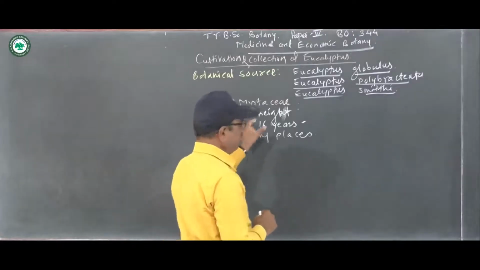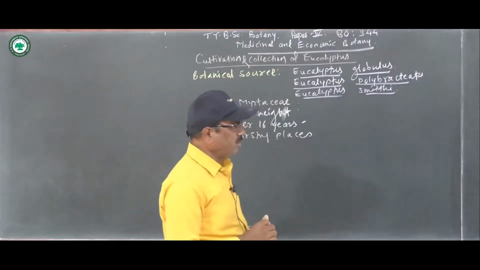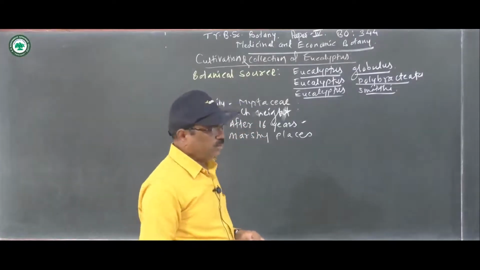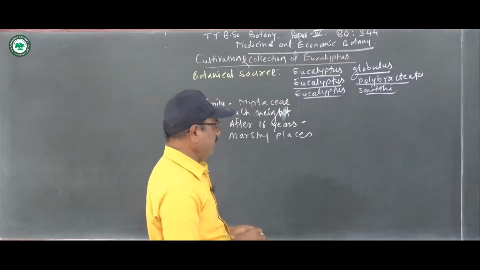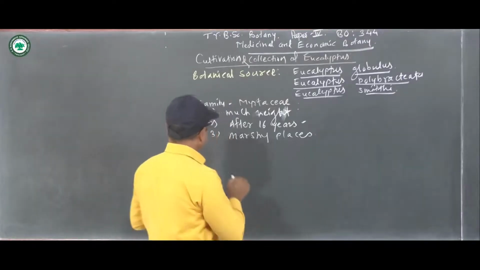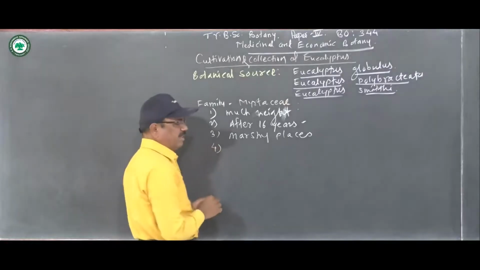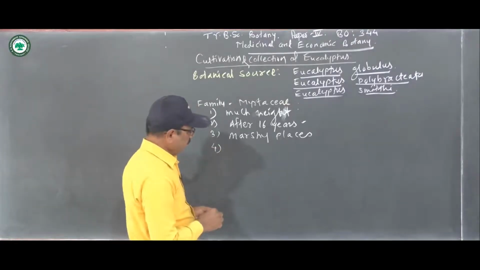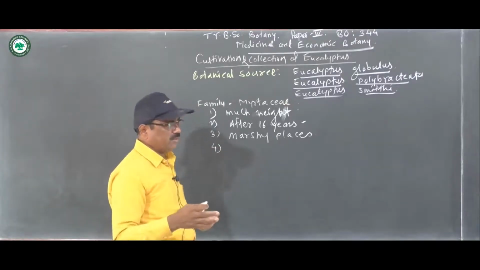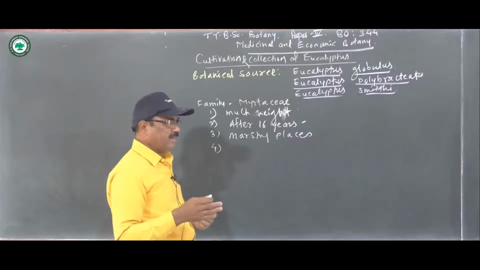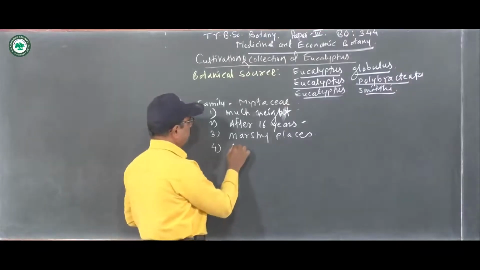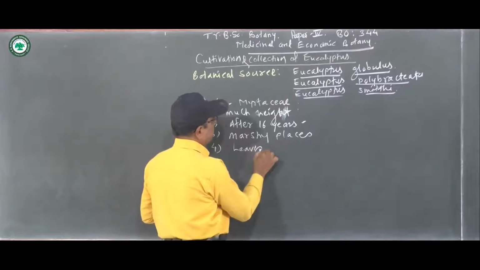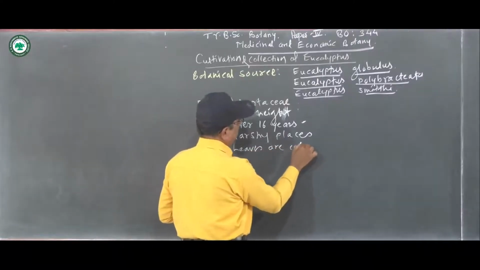And when the plant becomes 16 years old, then it is used for the collection. So when the plant becomes near about 16 years old, it becomes mature, and then the leaves are collected.